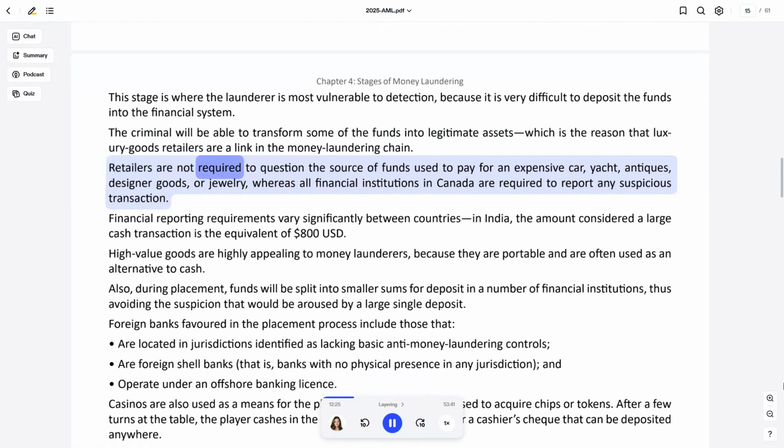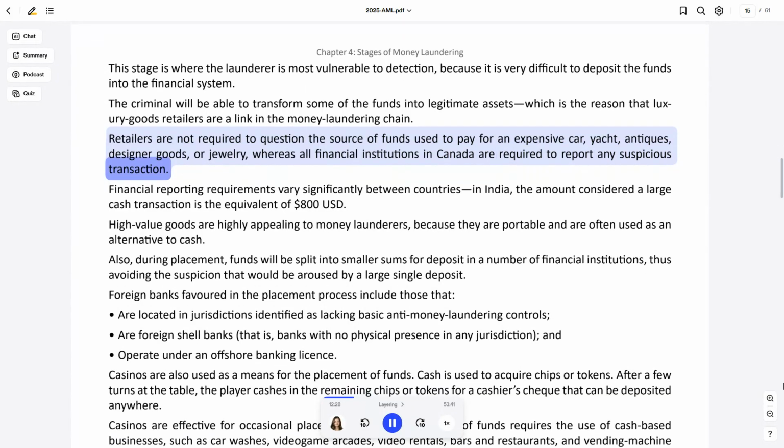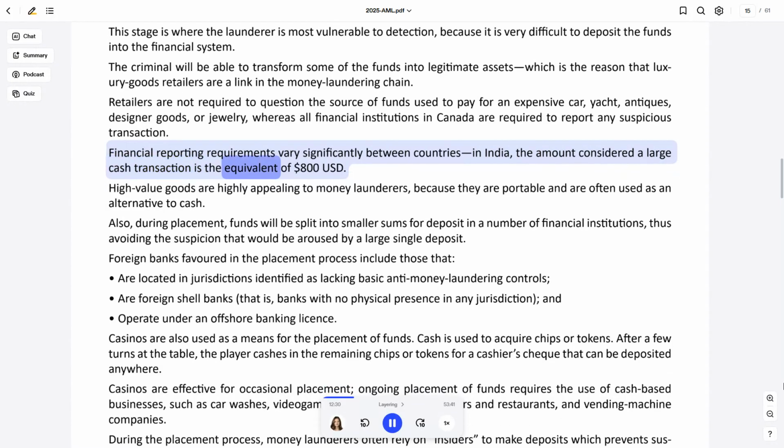Retailers are not required to question the source of funds used to pay for an expensive car, yacht, antiques, designer goods, or jewelry, whereas all financial institutions in Canada are required to report any suspicious transaction. Financial reporting requirements vary significantly between countries. In India, the amount considered a large cash transaction is the equivalent of $800 USD.